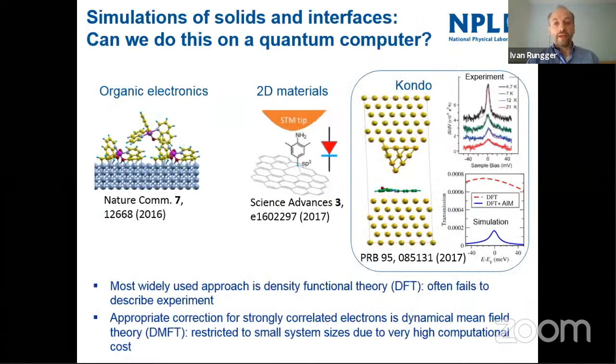So what systems are we interested in? My background is in condensed matter physics, and these are really the systems I've considered in the last couple of years. It's generally simulations of solids and interfaces, where here I show three interfaces that we have published recently with experimental colleagues. The common property is that there's a molecule in contact with, typically, a metal substrate.